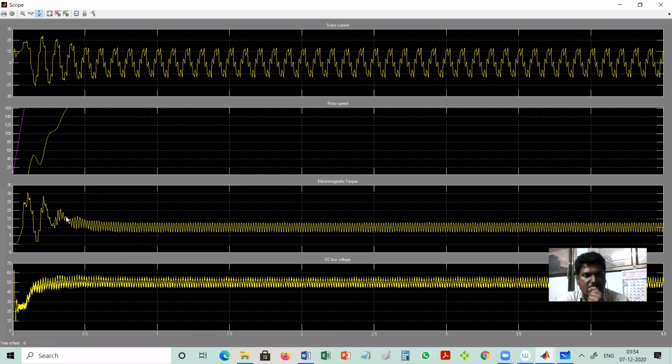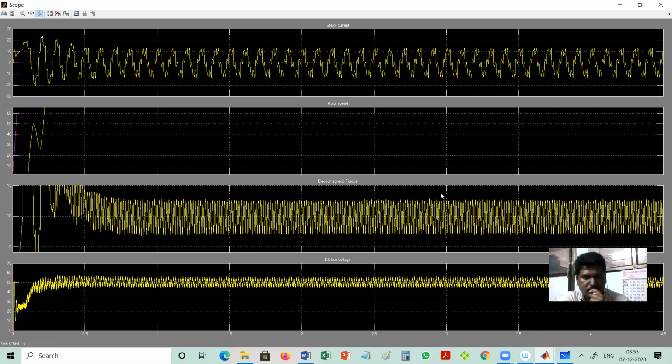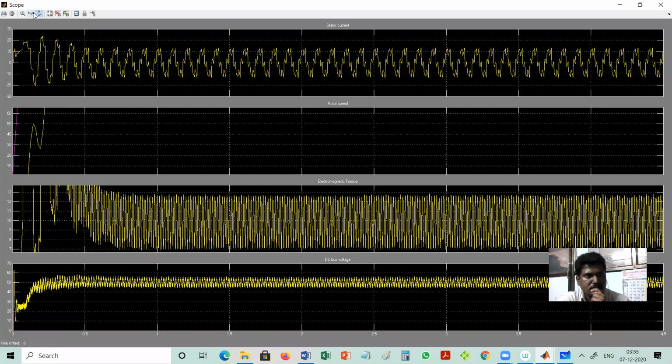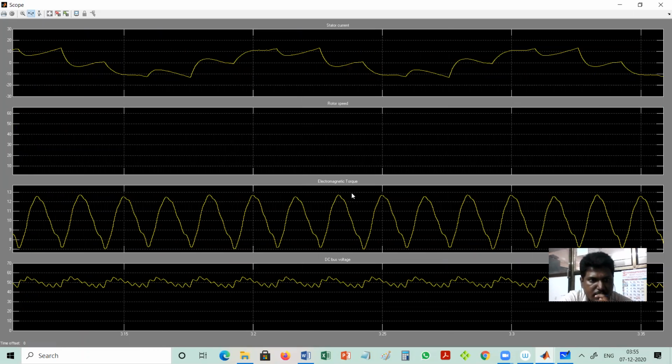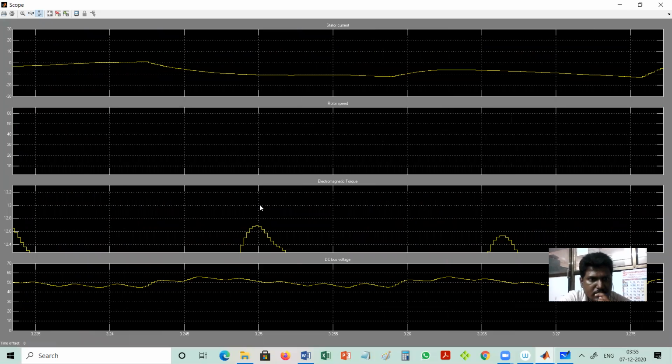The third graph is of the torque. You have to take the reading in steady state. After 0.5 seconds the steady state has started, so I will take the reading here. You can observe the maximum value of the torque, T max, is around 12.6.